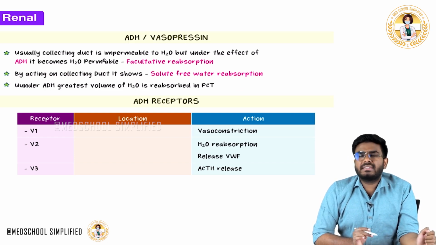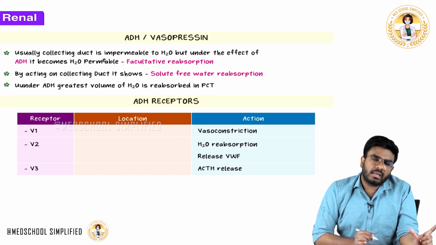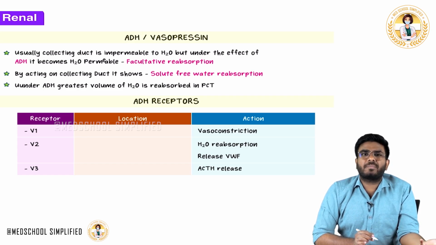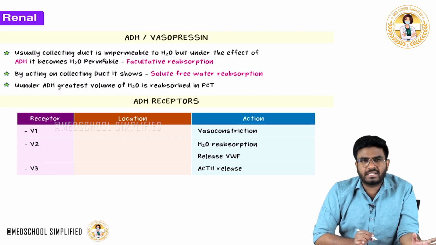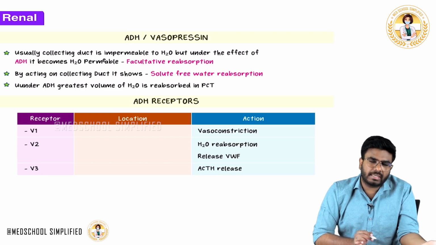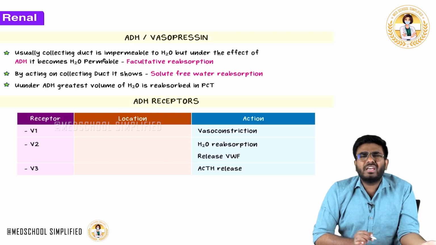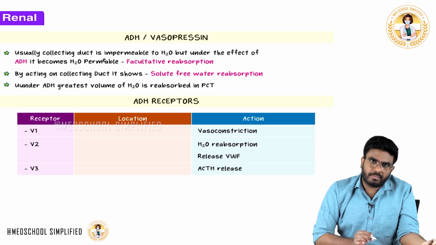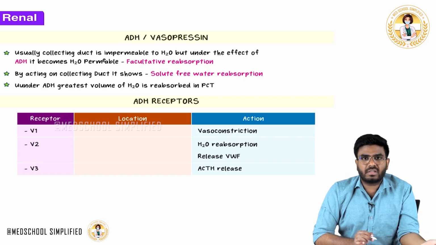An important point is that antidiuretic hormone not only acts on the collecting duct, it also acts on the proximal convoluted tubule. We all know the proximal convoluted tubule is the major site that reabsorbs water. Major water reabsorption all the time happens in the PCT, so antidiuretic hormone also acts on the PCT. Normally, the proximal convoluted tubule reabsorbs 70% of the water.